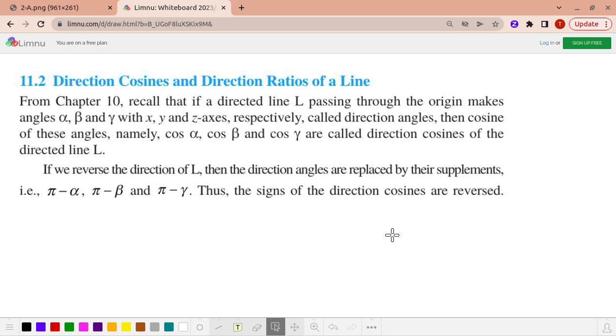Now the cosines of these angles, that is cos alpha, cos beta, cos gamma, are known as the direction cosines. That is why it is called direction cosine.